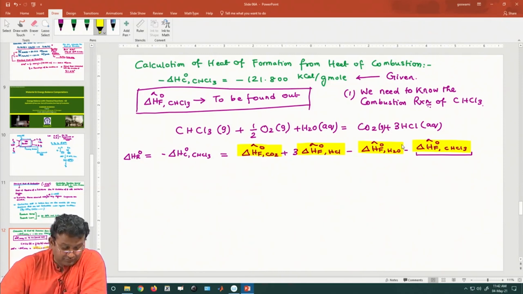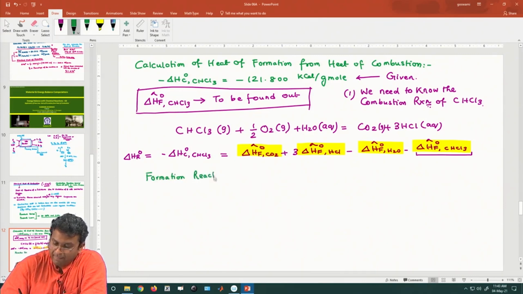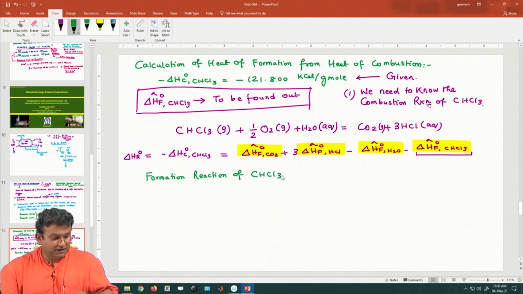I am going to show it in terms of Hess law, right. So, what we also need to know is the formation reaction of chloroform, right.